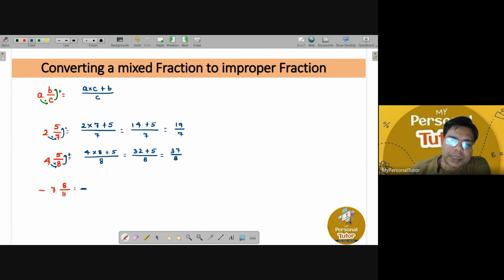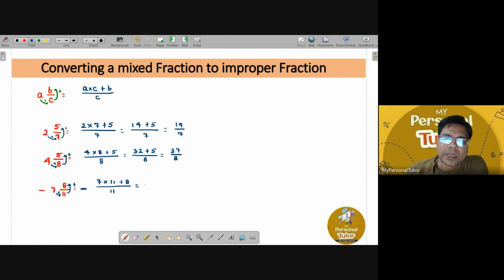You just multiply 7 with 11, and whatever the answer you get, you add 8 to it, divided by 11.